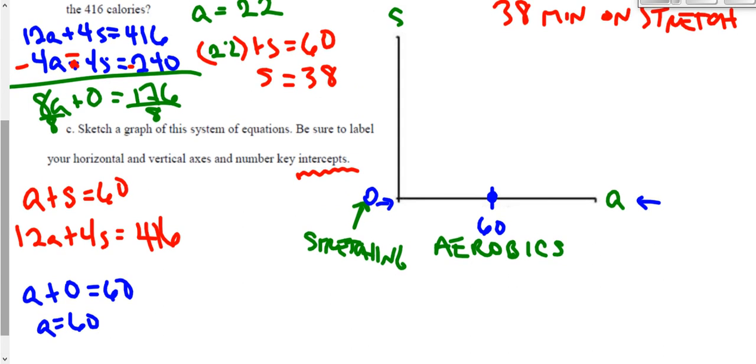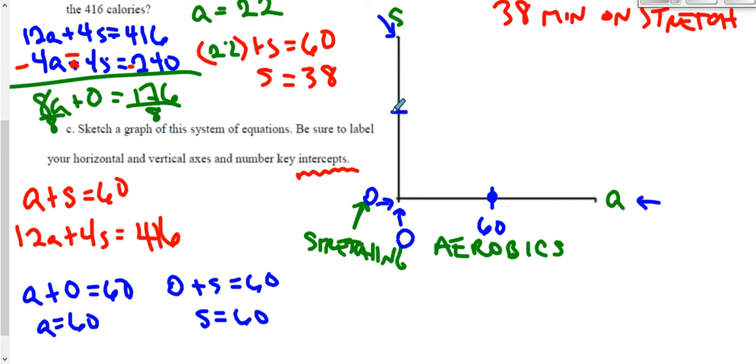Let's do the s-intercept now, and just finish up this equation. My s-intercept happens here on my s-axis, and when I'm on my s-axis, my a value is 0. So I'm going to take my same equation, a plus s equals 60, but this time plug in 0 for a and see what happens. 0 plus s equals 60, and it tells me that my s-intercept is also the value 60.